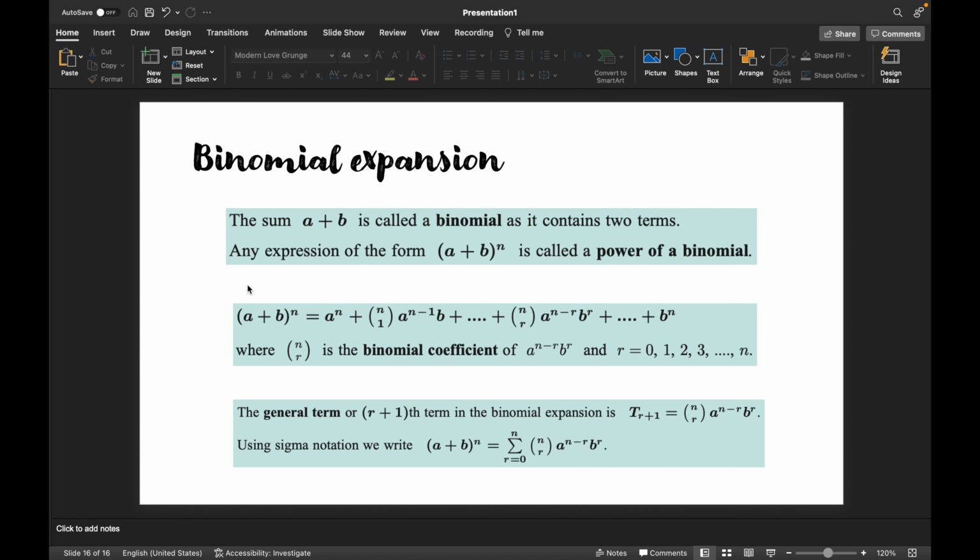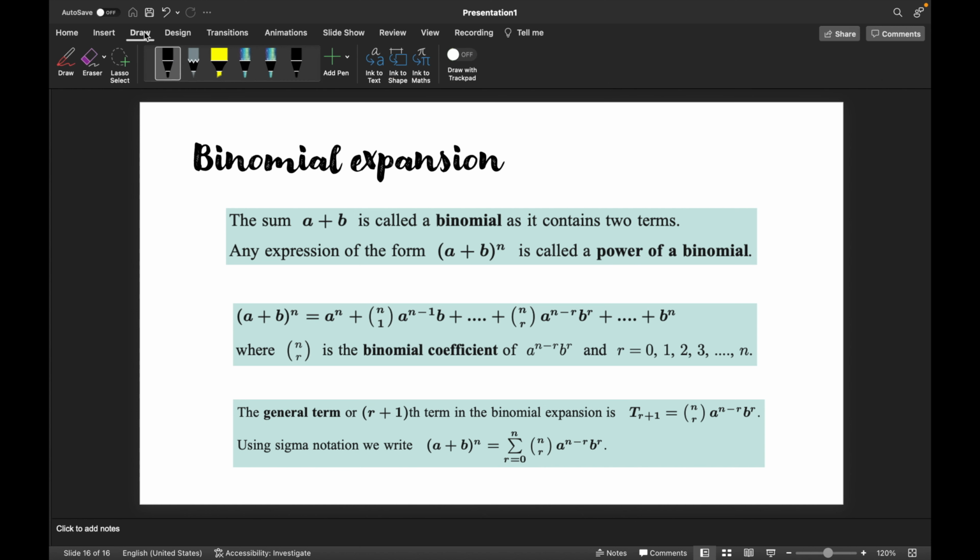We can find the expansion of a plus b. Let me take this example. We can find x plus 2 whole squared by doing x plus 2 into x plus 2, and we can also do the cubed by doing the same thing. But imagine it's to the power of 30.